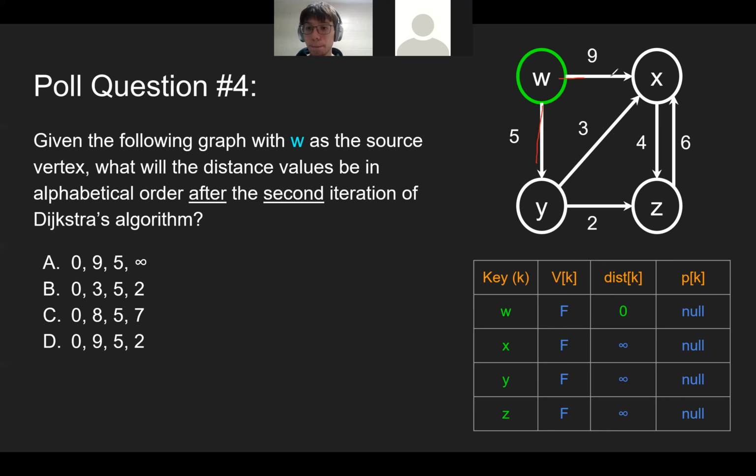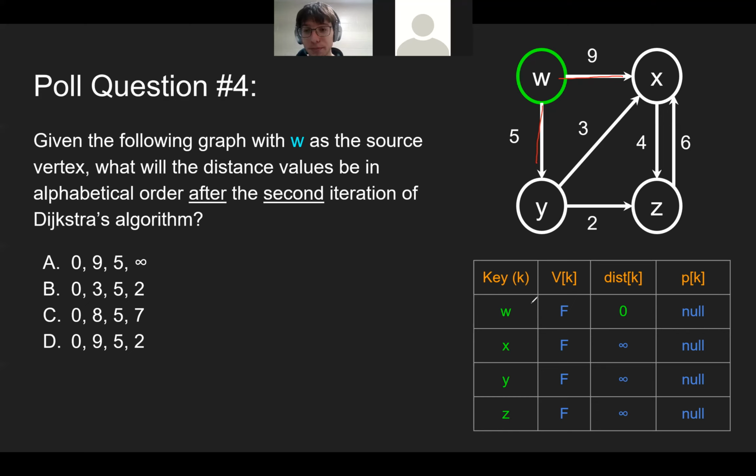So that's going to give you the 5 plus 8, which is a shorter distance, so we'll change it to that one. And then towards Z from Y, oh, we haven't visited that one yet.